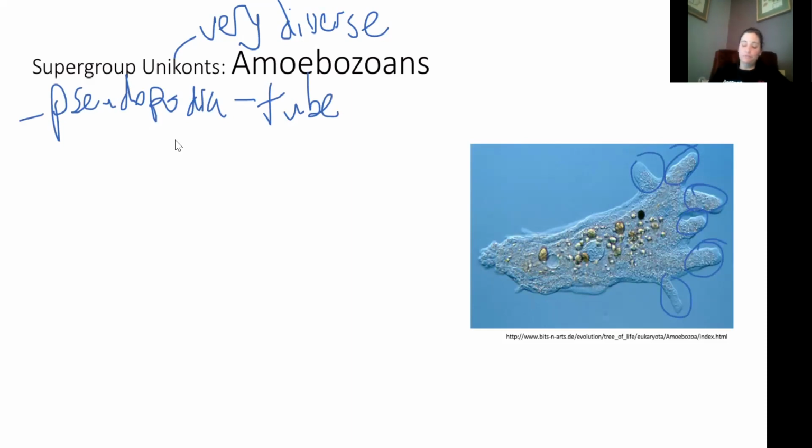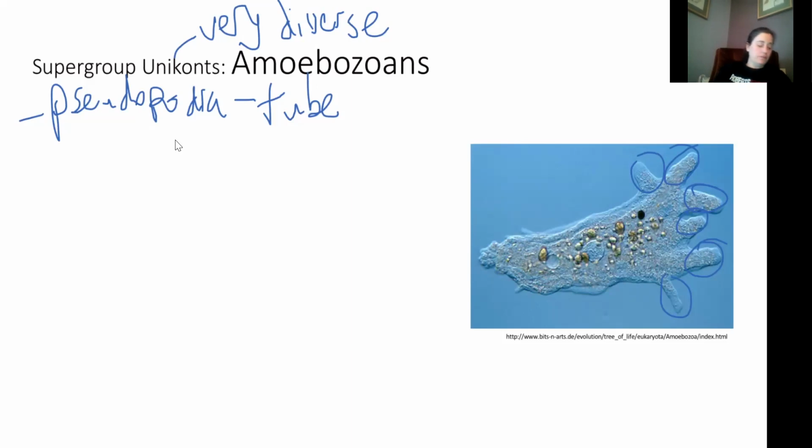So they use those for feeding and for movement. This includes the amoeba protists, which is what we looked at in lab. There are some really rare, thankfully rare, amoebas that can be found in aquatic environments that cause dysentery and can eat your brain. So every once in a while you'll hear about someone who is swimming in a body of water and got this really weird illness where their brain was breaking down because an amoeba got into their brain.